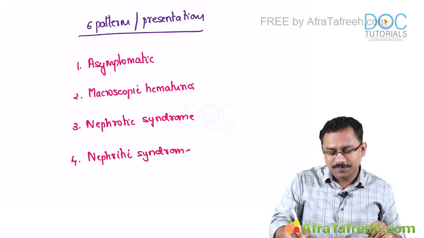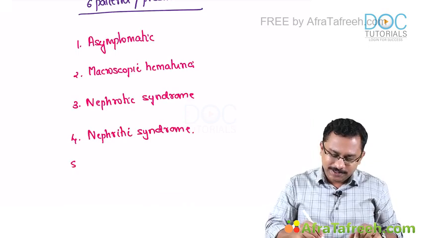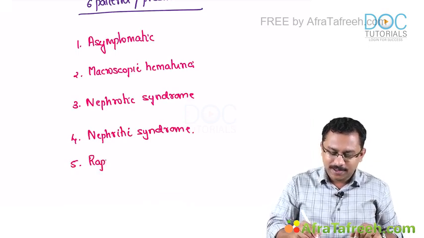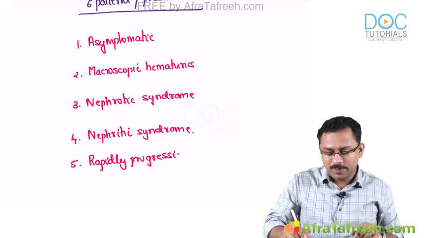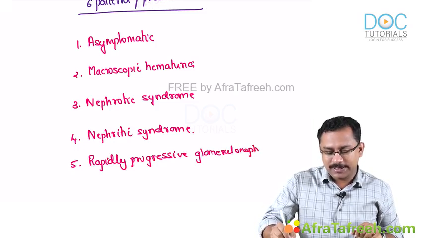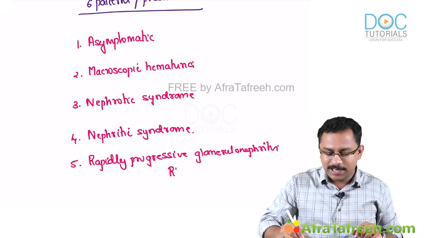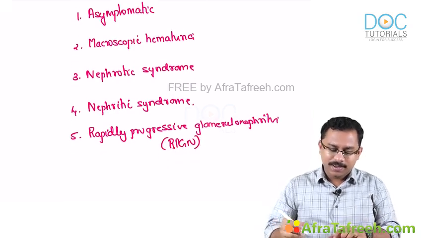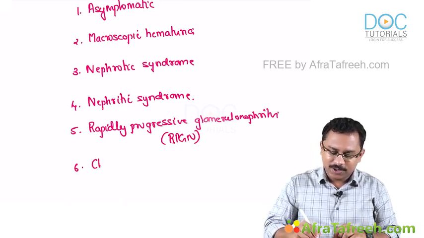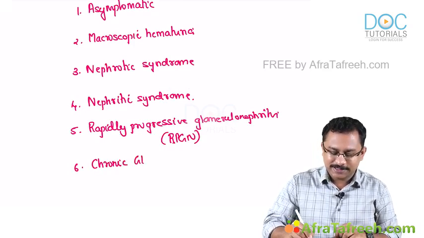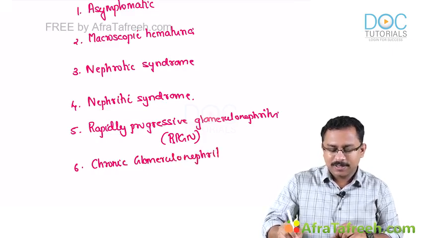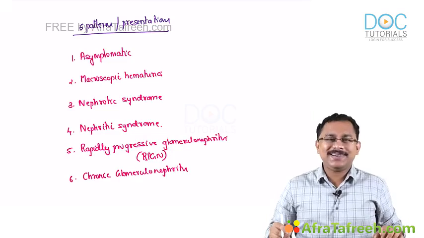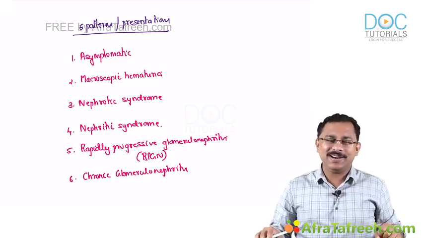The fifth one is rapidly progressive glomerulonephritis, which you can abbreviate as RPGN. And the sixth presentation is with a chronic glomerulonephritis. So these are the 6 patterns of presentations of glomerular disorders.